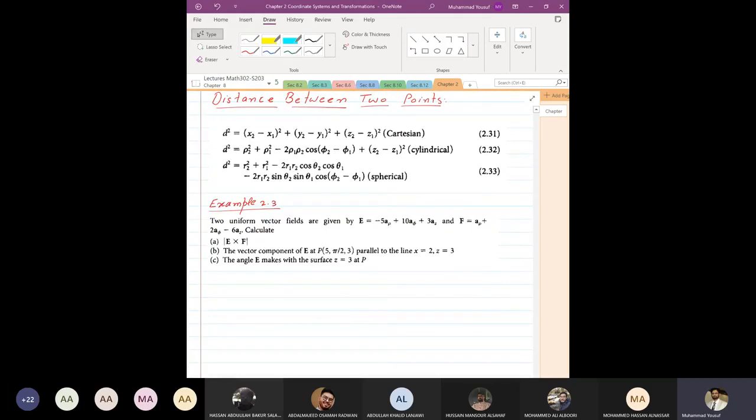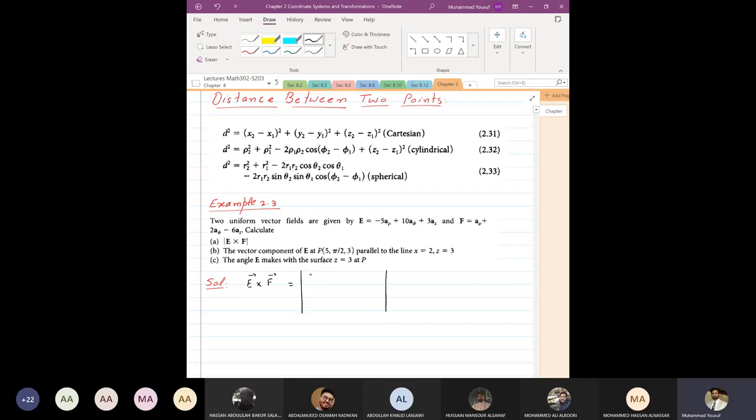Now to find cross product and magnitude of this, first, let us revise how to find the cross product using the determinant.